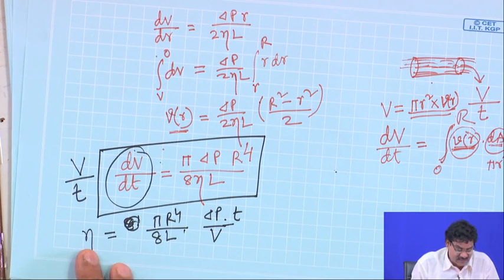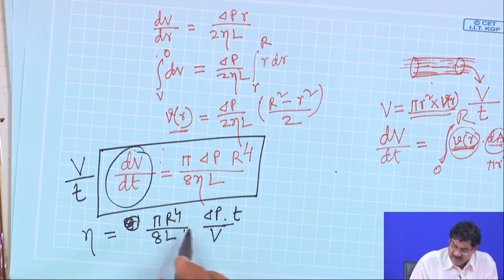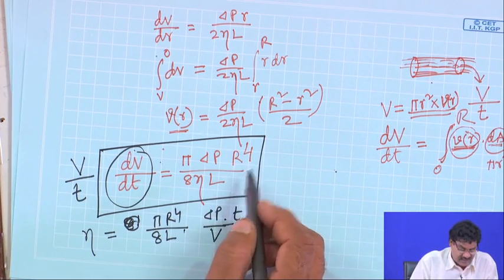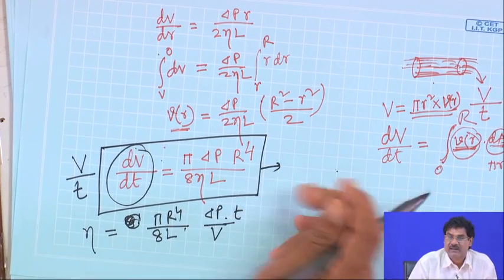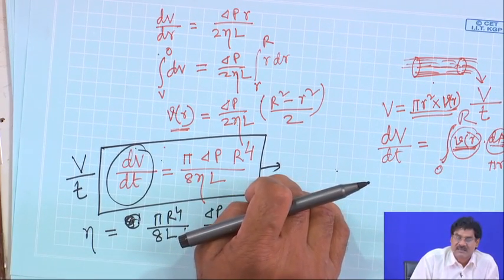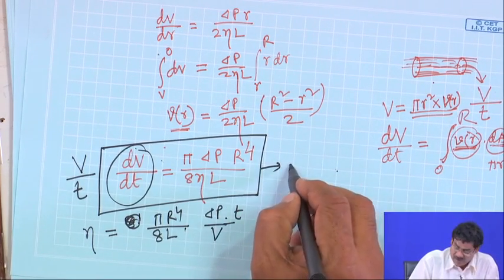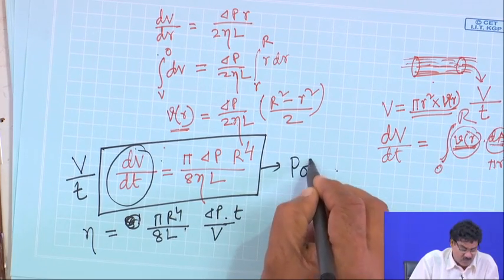Now, here you see, this equation is called Poiseuille's equation.